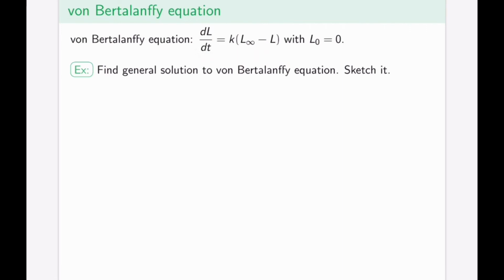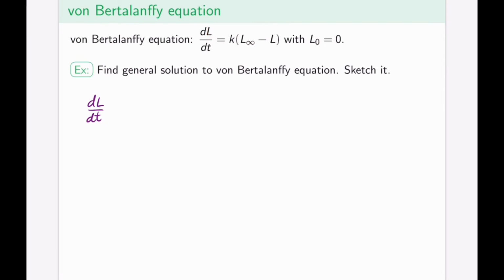So if we are to solve it, let's try to massage it a little bit to see if it's of a familiar form. So what I have here is dL by dt, where L corresponds to some kind of a dimension generally of an animal. If it's a spherical cell, this L will be the dimension that is the radius. If it is a cubic cell, this will be the side length.